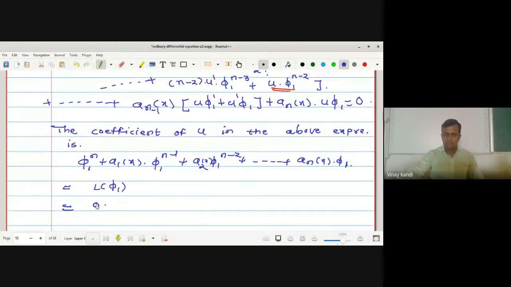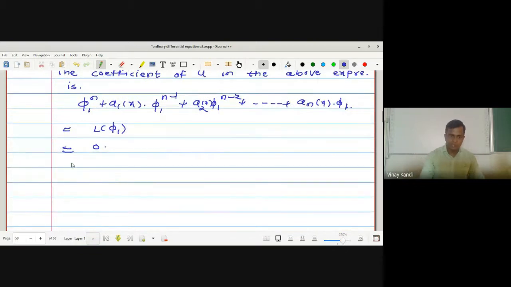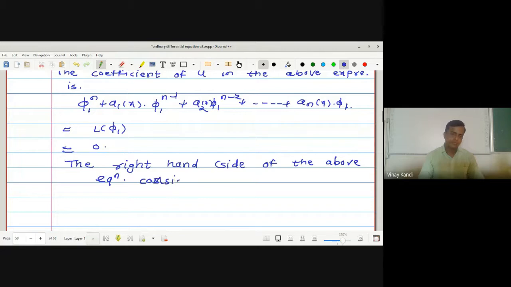Okay, now the right hand side of the above equation consists of u dash, u double dash, u triple dash, up to u raised to the nth derivative.